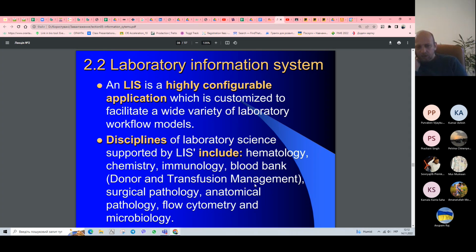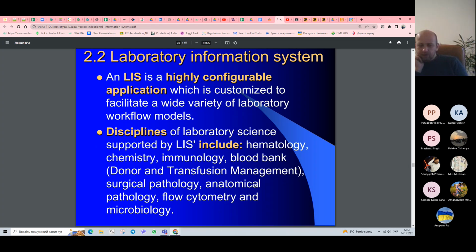Disciplines of laboratory systems supported by the laboratory information system include hematology, chemistry, immunology, blood bank, donor and transfusion management, surgical pathology, anatomical pathology, flow cytometry, and microbiology. You see a lot included in a tree structure, showing that everything should be clearly understood and structured for comfort and high usability.